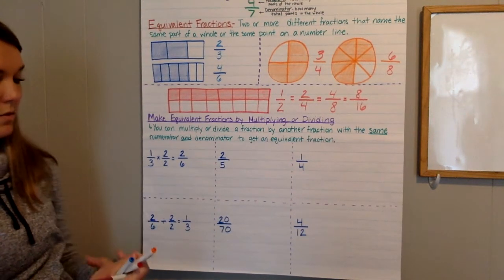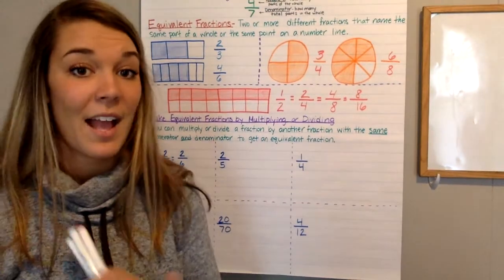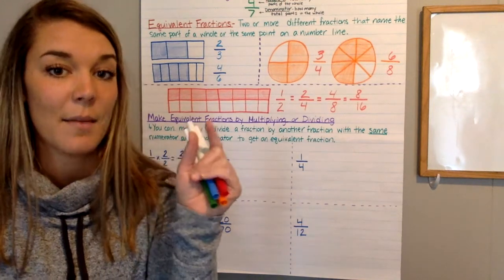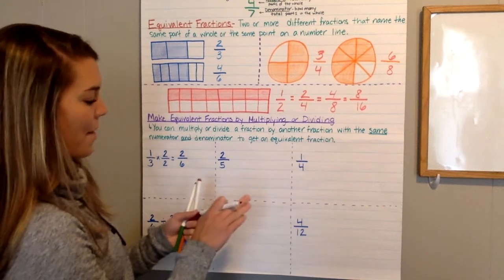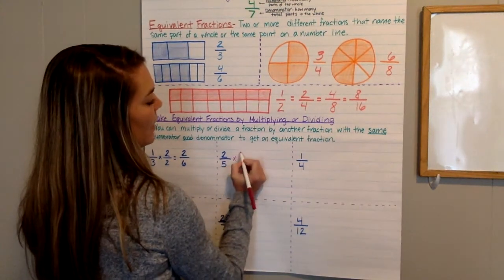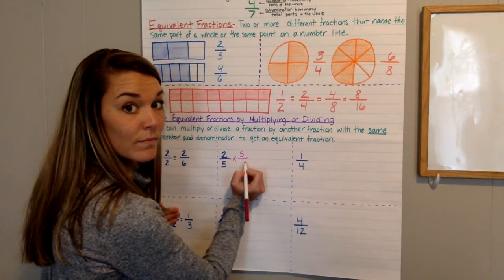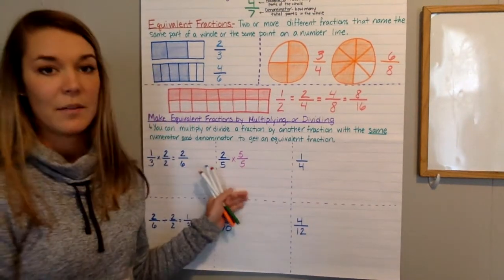Let's look at this one. So I said in my rule I can multiply it by any number as long as it is the same on the top and the same on the bottom. So this time I'm going to multiply by, let's try 5. So I'm going to multiply by 5 over 5, okay.